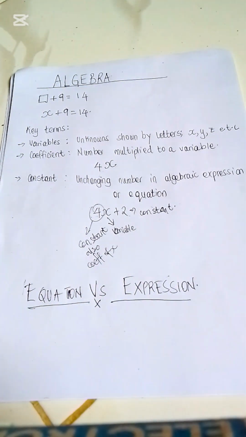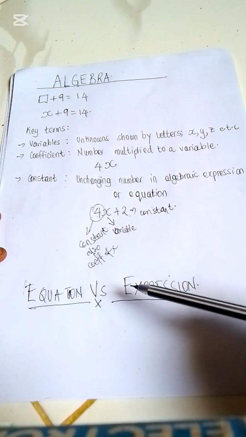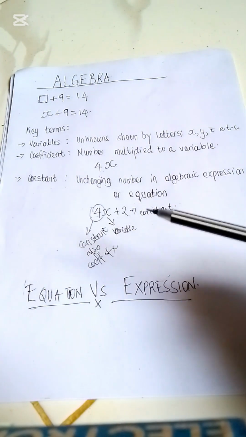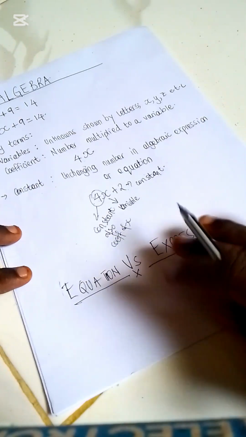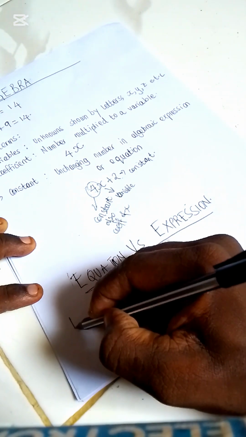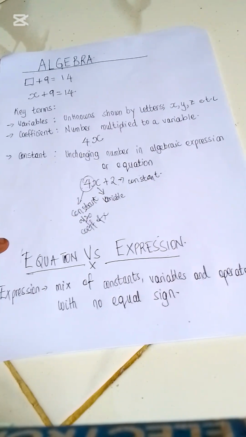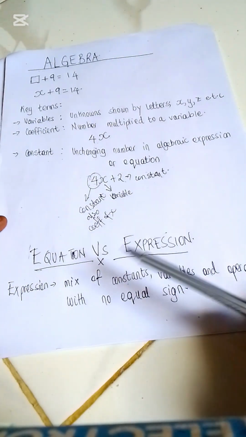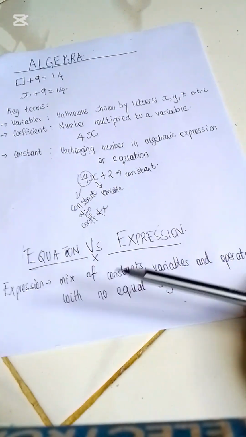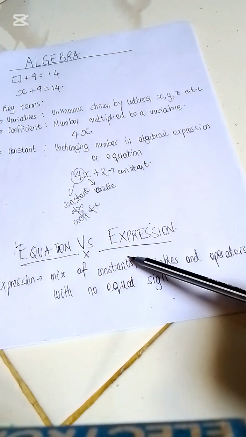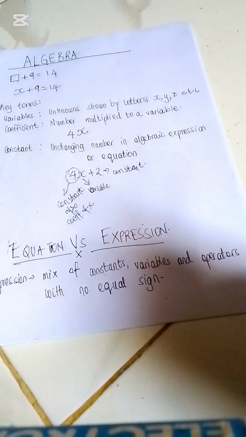Simple. So I can say an expression is a mix of numbers. Let's write it down. An expression is a mix of constants, variables, and operators, but there is no equal sign.